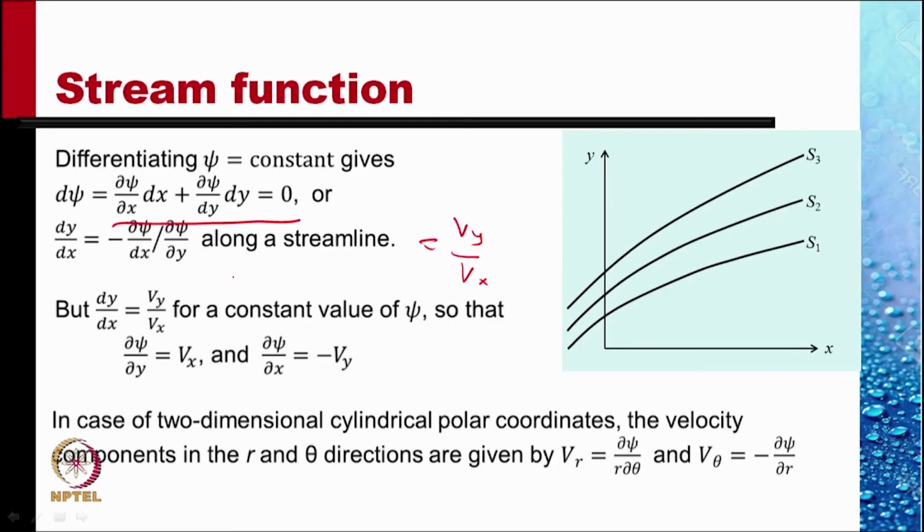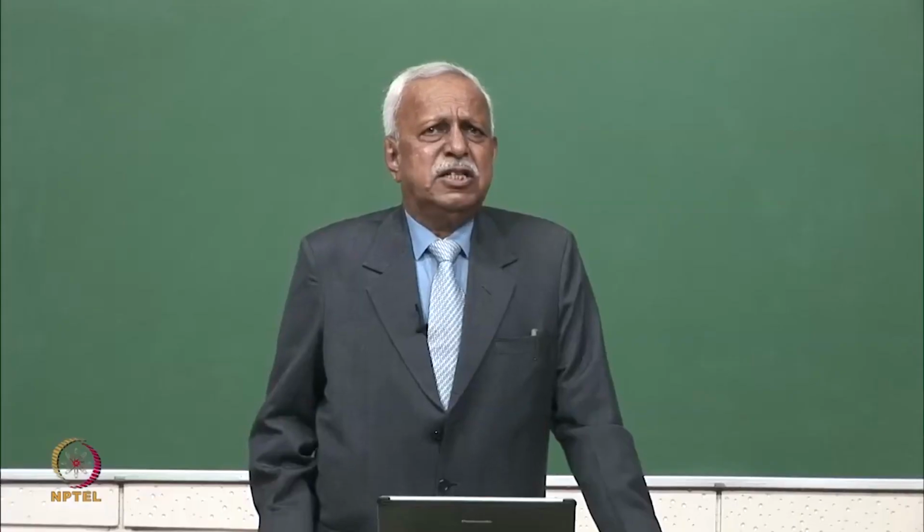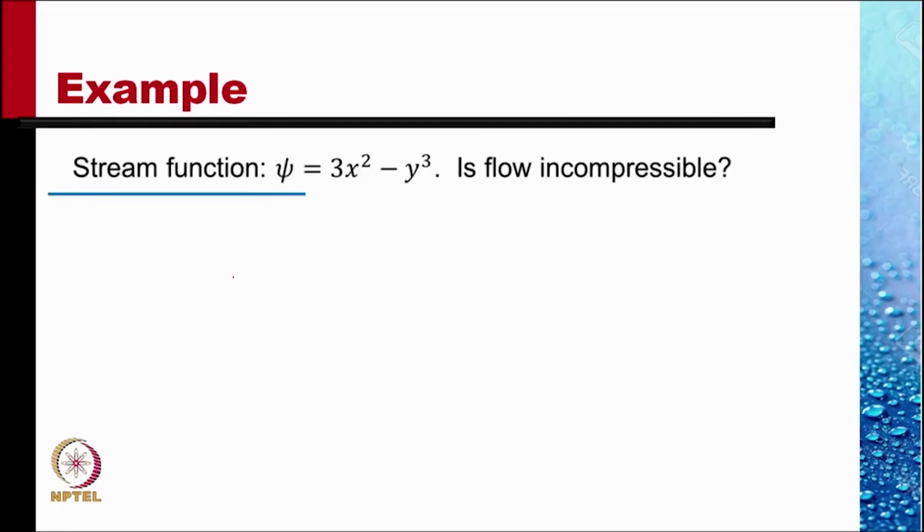Let's do an example. A stream function is given as ψ equal to 3x squared minus y cubed. Is the flow incompressible? How can you find out whether the flow is incompressible or not from a stream function? Yes, we can find the velocity components Vx and Vy from the stream function.